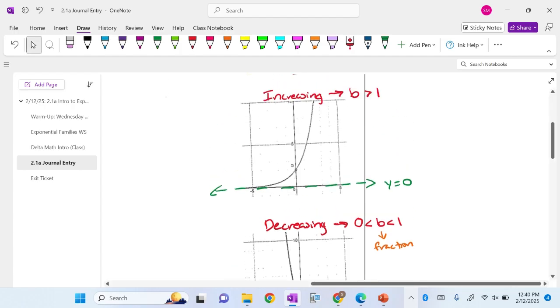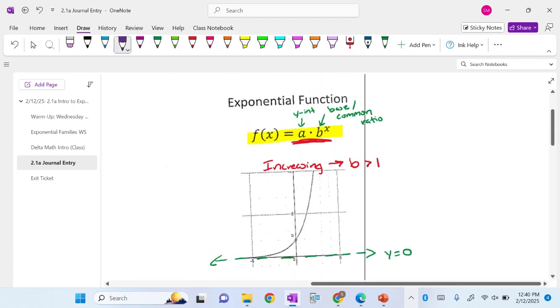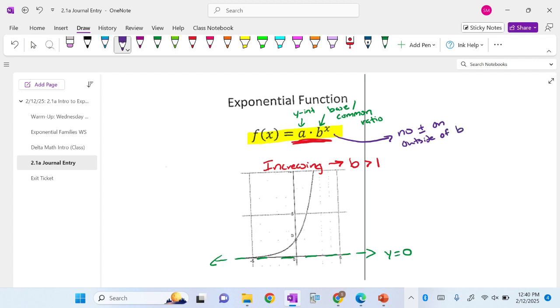Now, something to note is that this base form, because there's nothing being added or subtracted on the outside, if you see a function a times b to the x power, and there's no plus or minus on the outside of b, so there's no number being added or subtracted to our base value, then the horizontal asymptote is always going to be y equals 0.